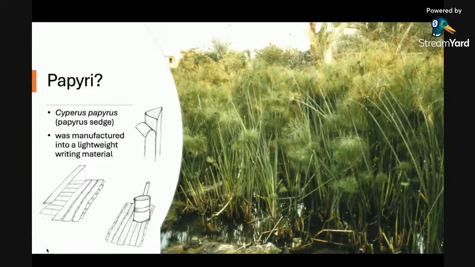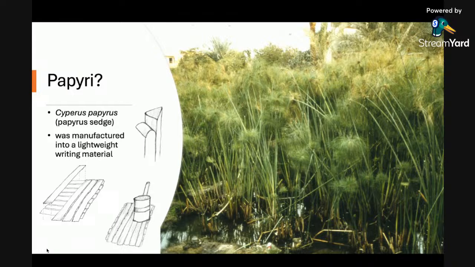First, you have probably already heard something about papyri in this course earlier or elsewhere. I'm just very quickly mentioning that the word papyrus can refer to many things. Primarily, it means this plant, the papyrus sedge, that was growing abundantly in Egypt and elsewhere in the Mediterranean in antiquity, not so much anymore.